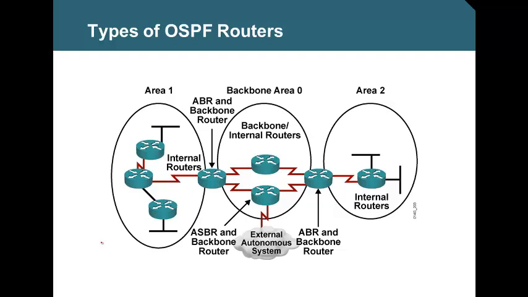That is why within the area you will have an identical database. Because type 1 and type 2 don't go to other areas, you cannot expect another area's database to be similar to this area. It will be different. Moreover, we also do summarization on the border, so we cannot expect the same kind of database in different areas. It will be different.